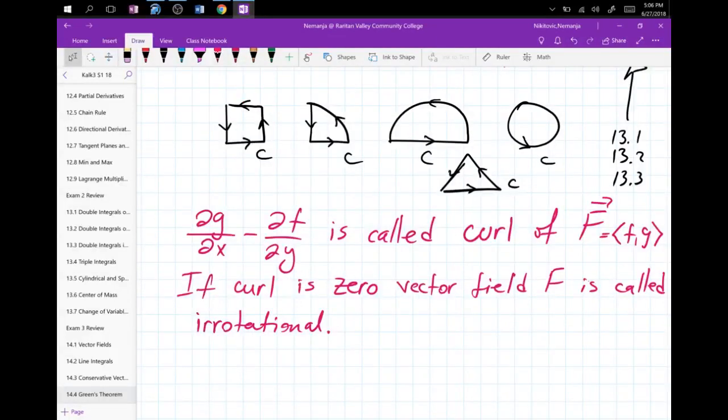Not irritating, irrotational. All right, great.